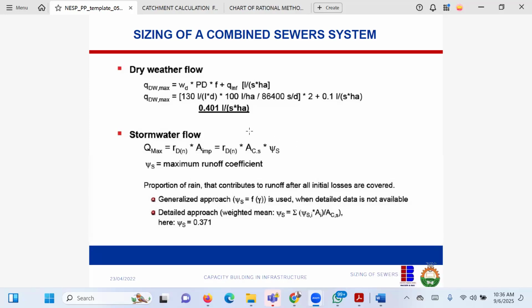Gentlemen, if I come to your house, for instance, and the built-up area within your compound, including the interlock area, is 40%, it means your runoff coefficient is 0.4. Because the other area that is green area does not contribute much to runoff. I will assume they contribute 0.1, 10%.